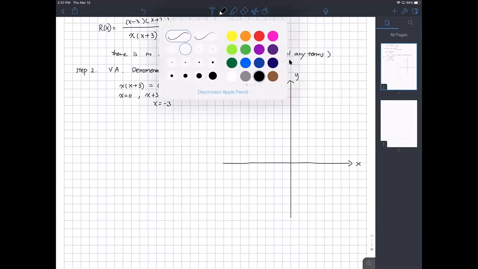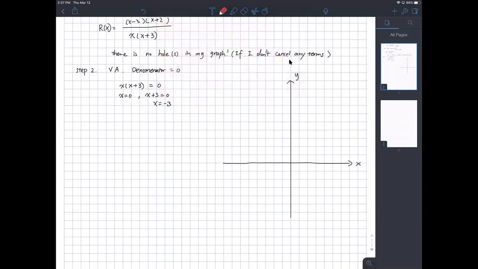A vertical asymptote means when you draw the graph, that's the line that you cannot touch or even cross. So I have x equal to negative 3. This is my 1, 2, 1, negative 1, negative 2, and negative 3. At this point, I'm going to draw a little dash line.